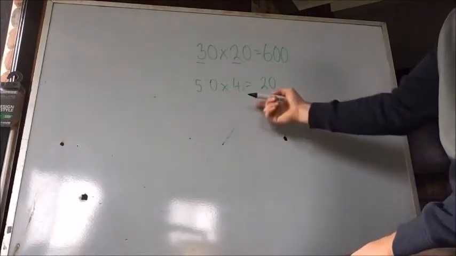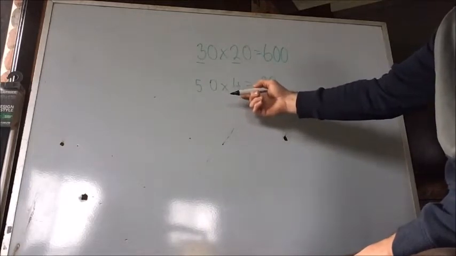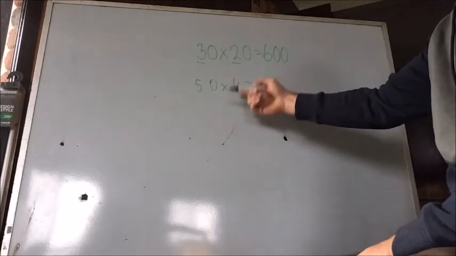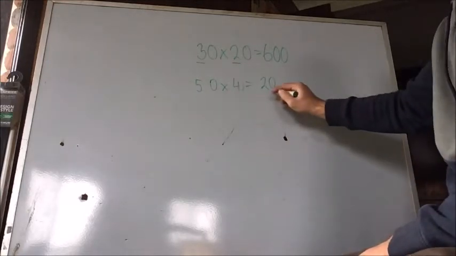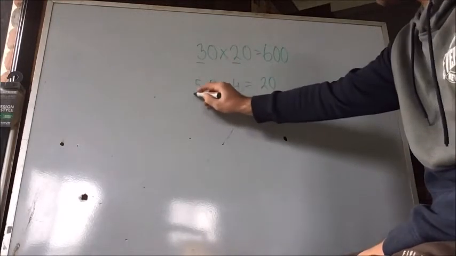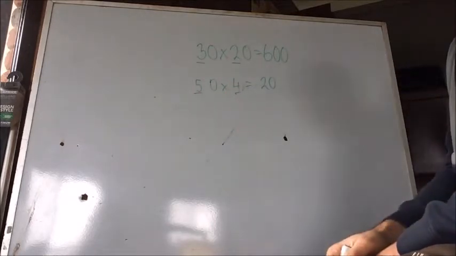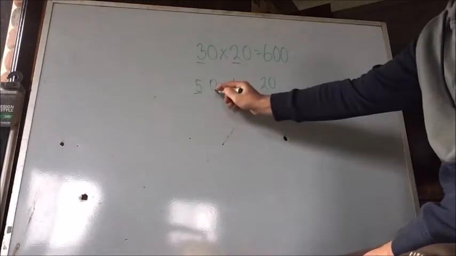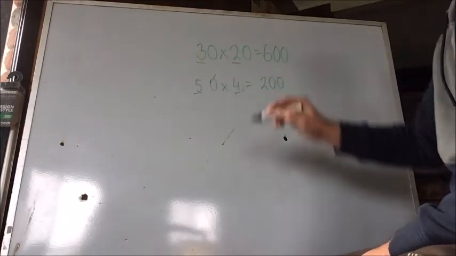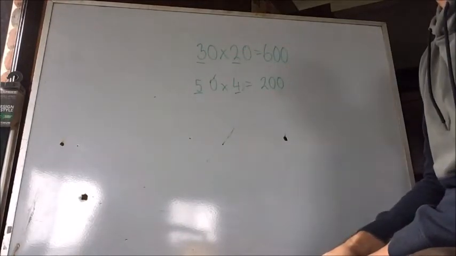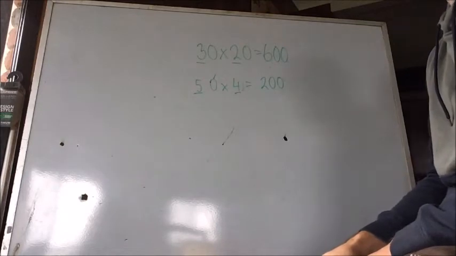But when you have a look at it and go, well, hang on, 5 times 4 is 20. How can 50 times 4 be 20? Can't be. So you've just got to put down that answer. So 5 groups of 4 is 20. That's correct. We've still got to put down this 0. So we go, yep, use it. And there's my 0. So 50 groups of 4 is 200.